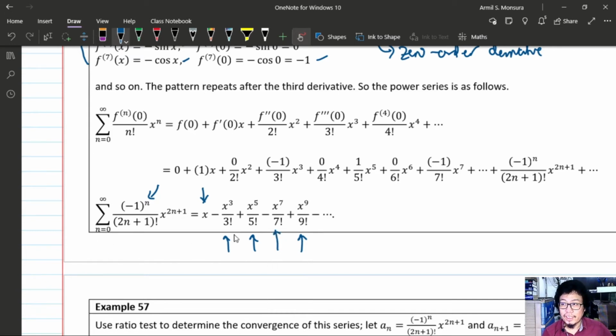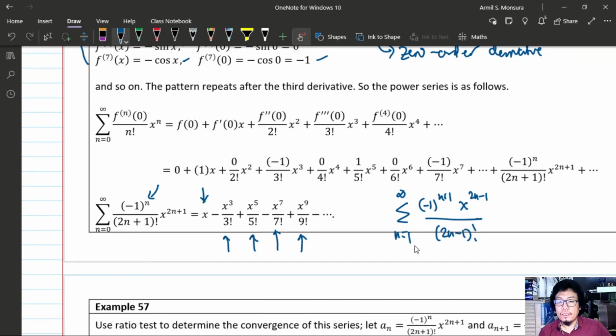But when you start at n equals 1, this is what I was able to write out: the summation of negative 1 raised to n plus 1 times x raised to 2n minus 1 over 2n minus 1 factorial. This is now starting at n equals 1.